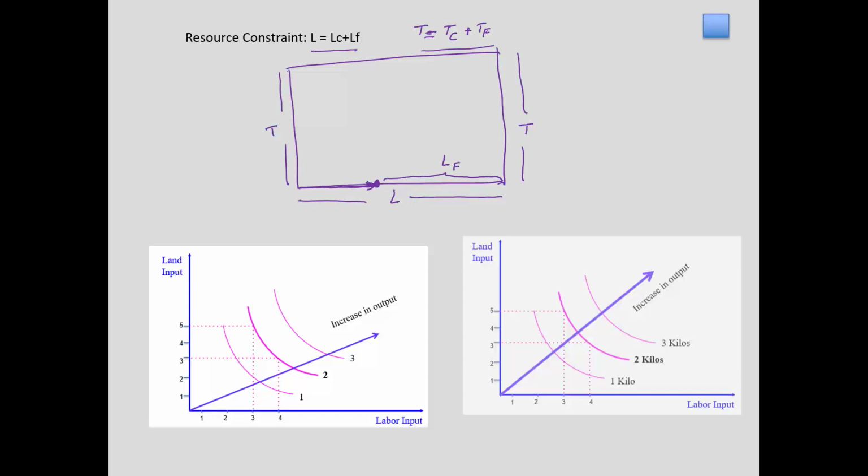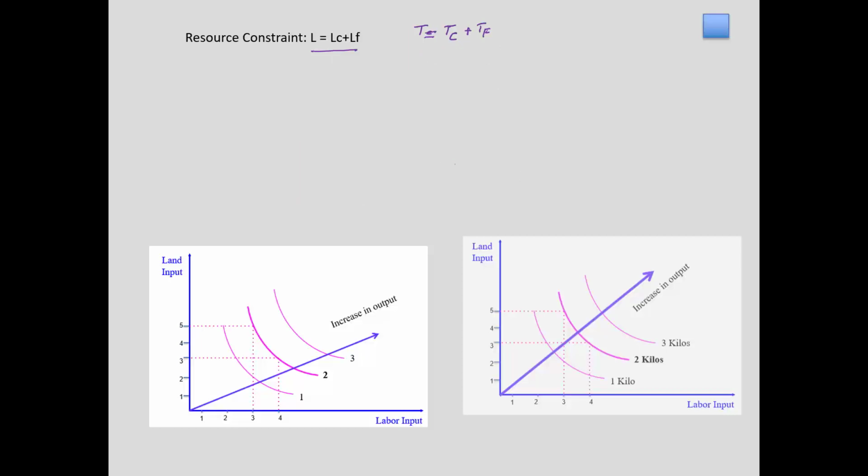So the box is measuring the amount of resources that the country has. Keep that in mind. We are going to shift this graph such that it overlaps on the first graph and creates a box which is equal to the resource constraints. Let's do that.